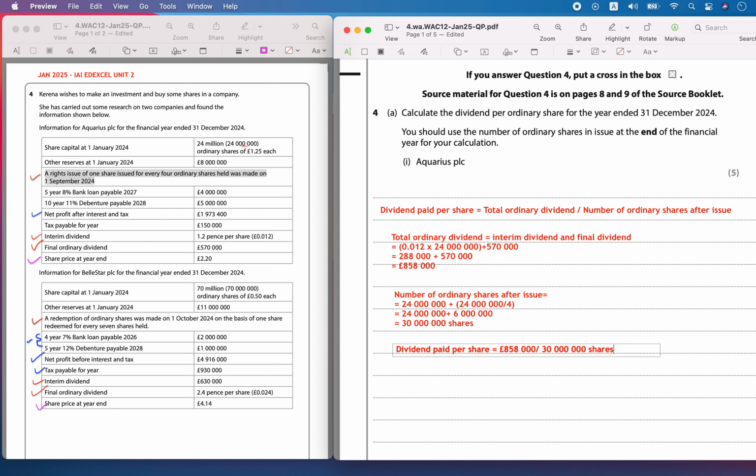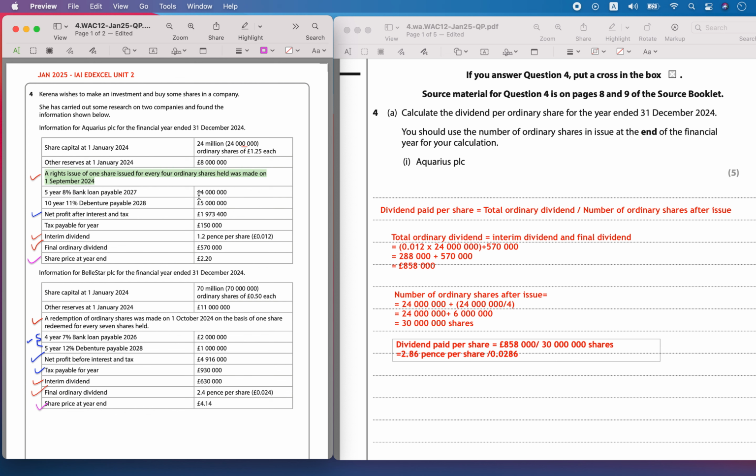That is equal to 0.286, which we convert into pence, so 2.86 pence per share, or 0.0286 pounds.